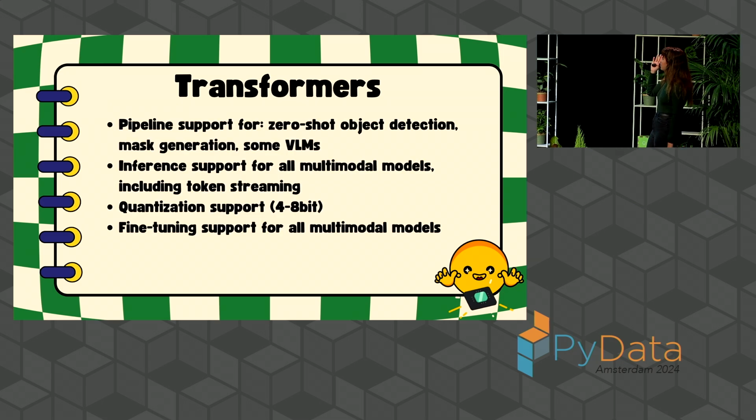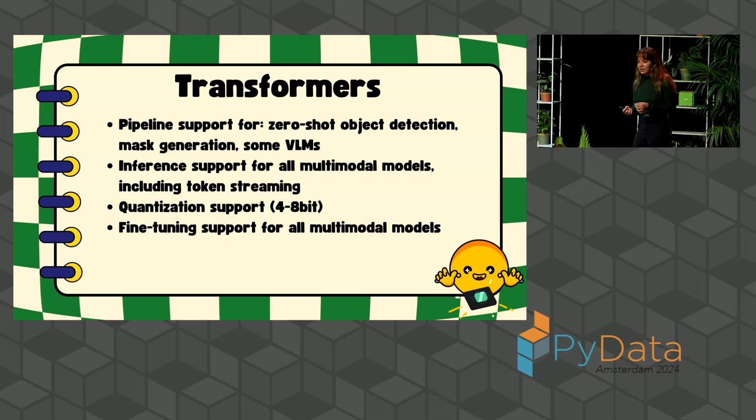For vision language models, it provides inference, fine-tuning support, and quantization support for all models. Only for zero-shot object detection, mask generation, and some of the vision language models, it provides something we call a pipeline, which is a three-line-of-code inference abstraction that is super simple.